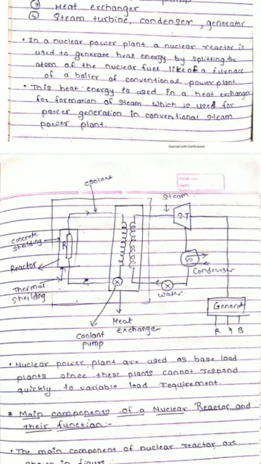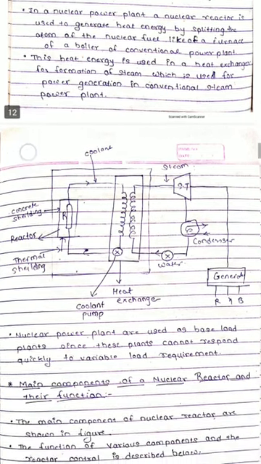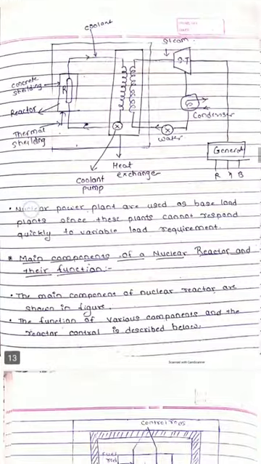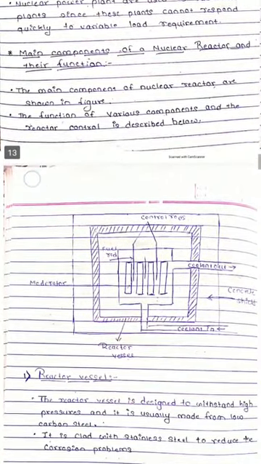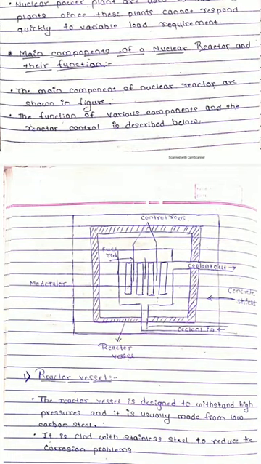We will see how the reactor looks. First of all, this figure is a general figure for the nuclear power plant, showing the main components of the nuclear reactor and their functions. In the nuclear reactor, the coolant comes from the bottom and goes out from the middle.